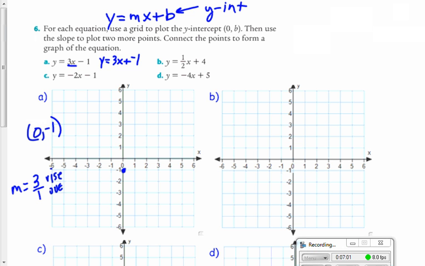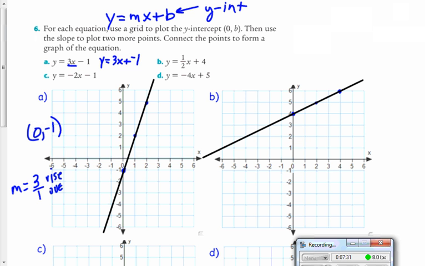So to plot another point, I'm going to go up 3 over 1, and I'll do that a couple times to get 2 points. And I'm just going to draw the line in there. So that'll look something like that. And go ahead, you try B, and you can pause right now and check back in a second and see if you did it right.